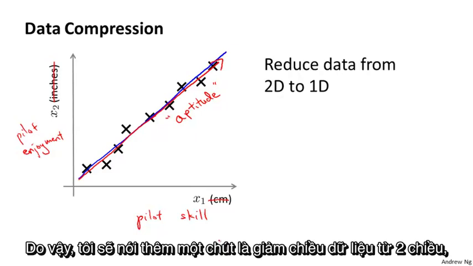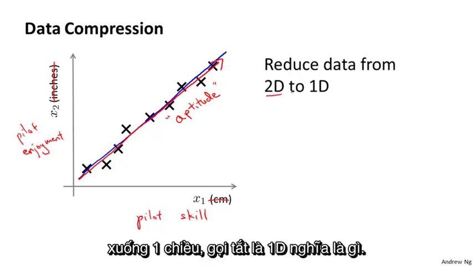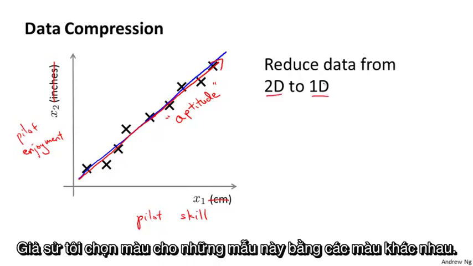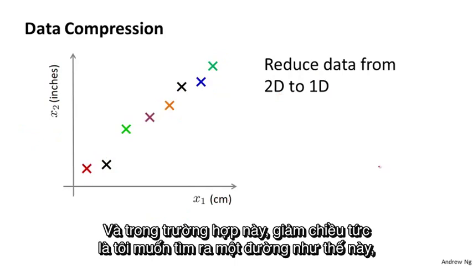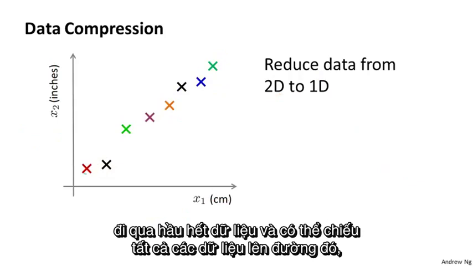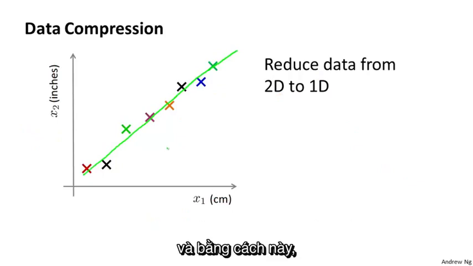So let me say a little bit more about what it really means to reduce the dimension of the data from two dimensions, that is from 2D, to one dimension, or 1D. Let me color in these examples in slightly different colors. In this case, by reducing the dimension, what I mean is that I would like to find this line, this direction on which most of the data seems to lie, and project all the data onto that line that I just drew.